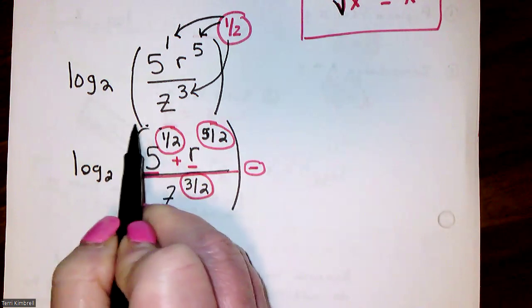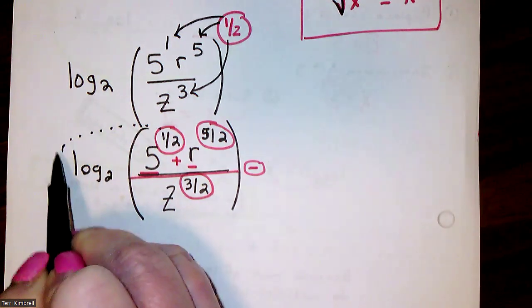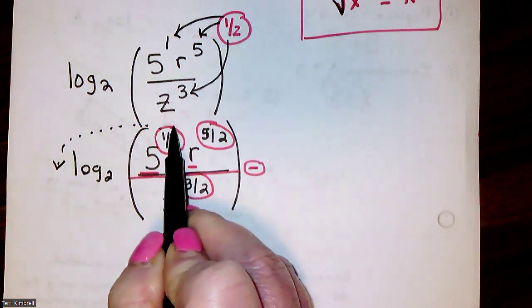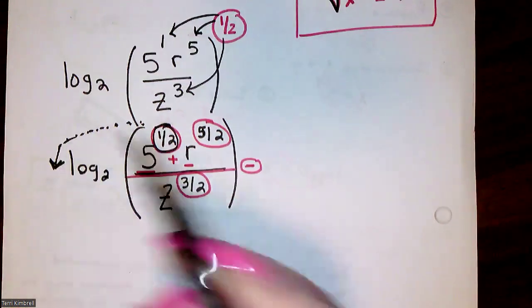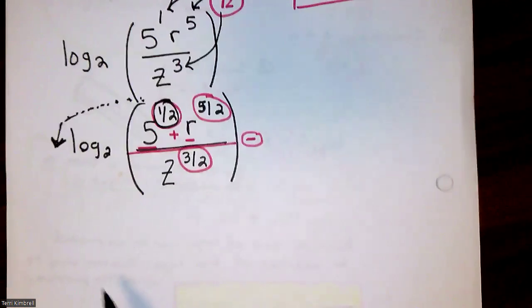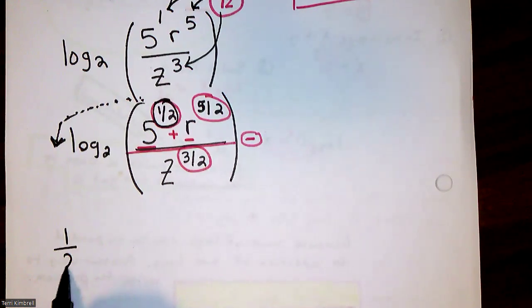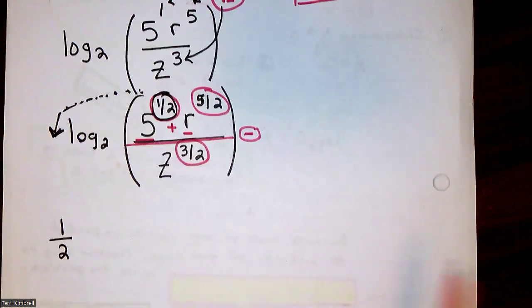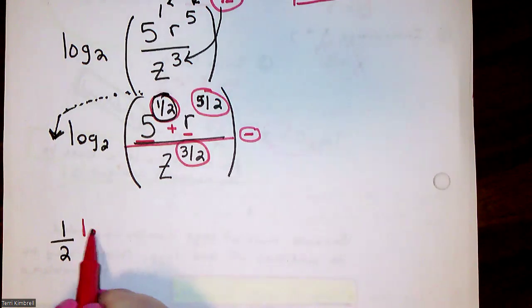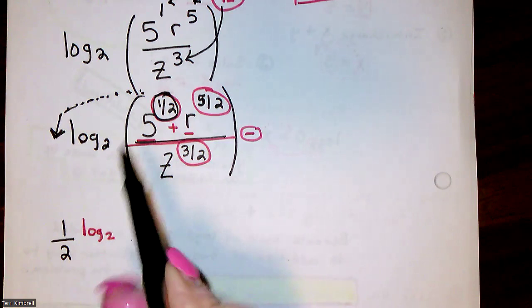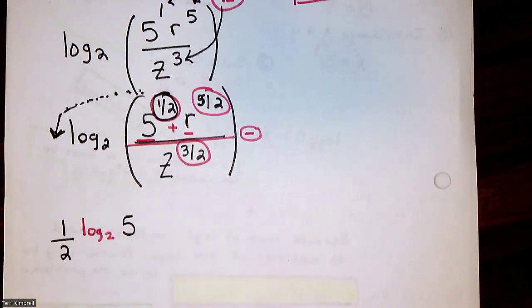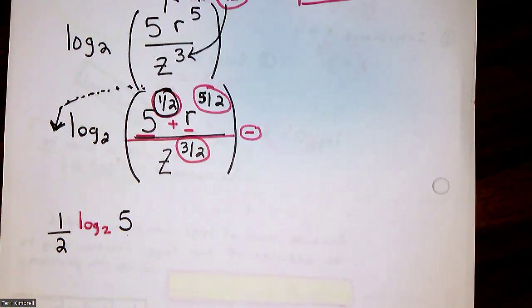Now remember that the exponent comes in front as the coefficient, okay? So we're going to write 1/2, and then I'm going to write log base 2. And then I'm going to put the 5. So that's going to go in front of that.